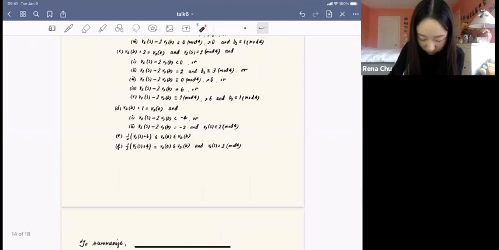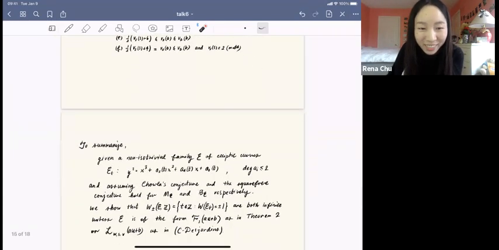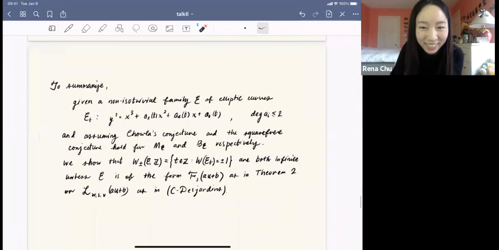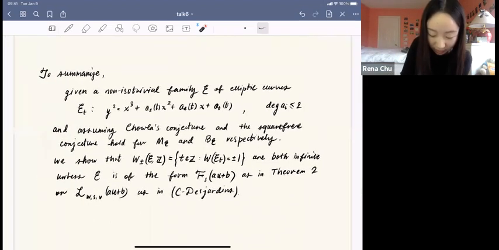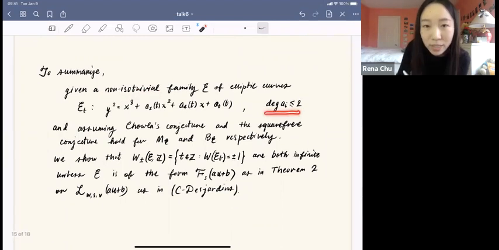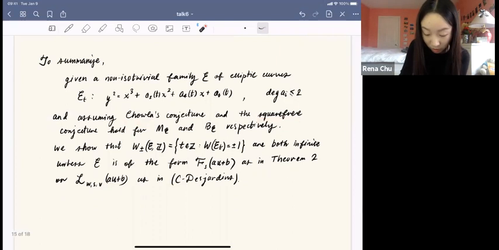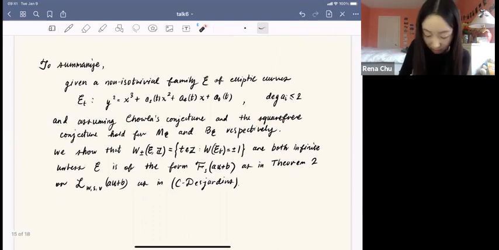Okay, so that was a lot. Let me summarize what we actually did in words. Given a non-isotrivial family of elliptic curves where the degree of each coefficient is less than or equal to 2, if we assume Chowla's conjecture and the square-free conjectures, what we showed is that these two sets, W plus and W minus, are both infinite.